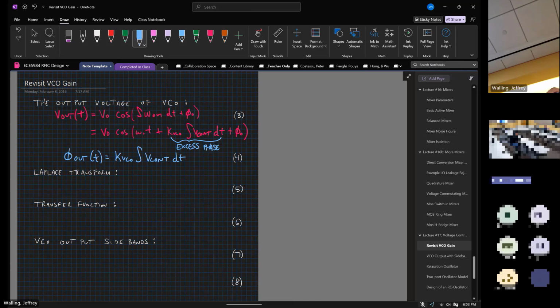What's our Laplace transform? End up equaling phi of s. What's the Laplace transform of an integral? Surely you know that. 1 over s. Yeah, 1 over s. Integral is 1 over s. Low pass filter.